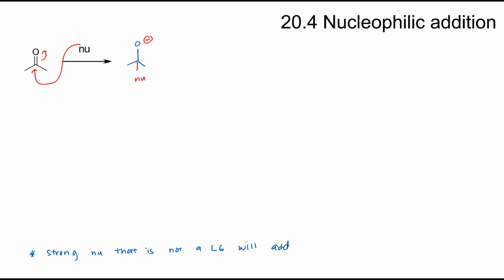and form that tetrahedral intermediate. There are no good leaving groups here. So we'll get a proton transfer. If the nucleophile is not good, what we can do is make the carbonyl a better electrophile.